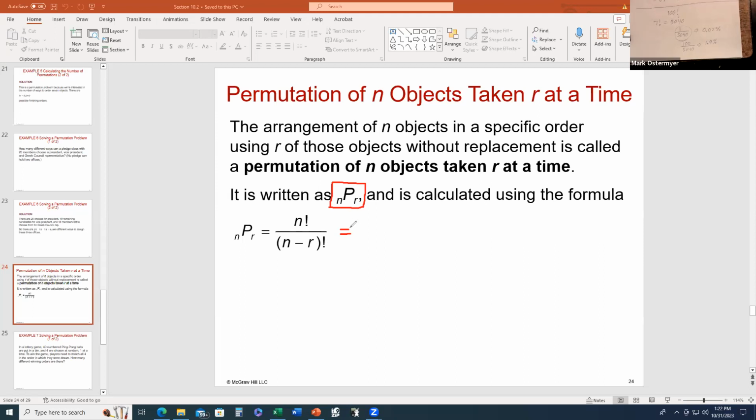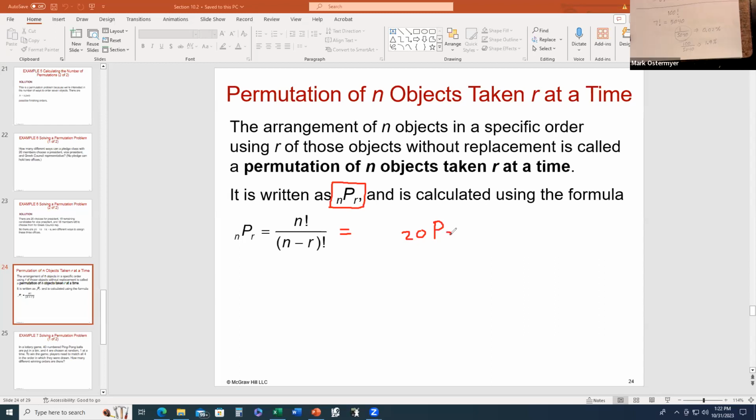All right. Now, let's see if we can do the last problem over again. There were 20 members to choose from, and we have to seat one as a president, one as a vice president, one as a Greek council representative. So we have 20 people to choose from, and we got to choose 3 of the 20.